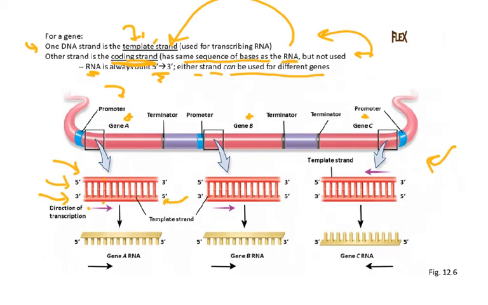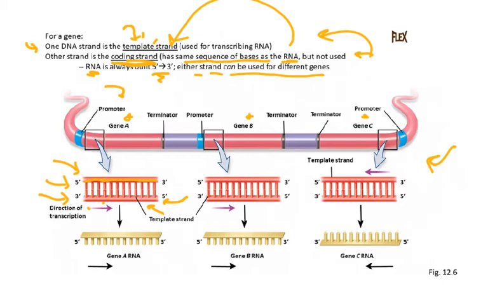That means that when we copy this template strand, we're going to be copying something that is complementary to it, which will look just like the opposite strand, which is considered the coding strand.